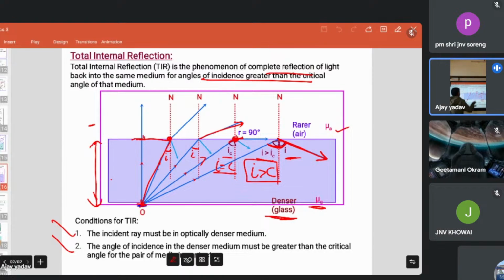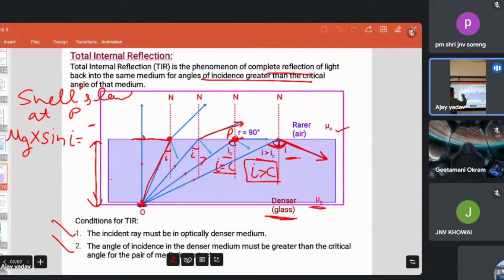Consider this point is P. So apply Snell's law at P. The medium below the point P is the denser medium, with refractive index mu g. The angle of incidence is i, so sine i equals, above the point P there is a rarer medium, air, of refractive index 1, and the angle of refraction is 90 degrees, sine 90 degrees, for the critical angle.